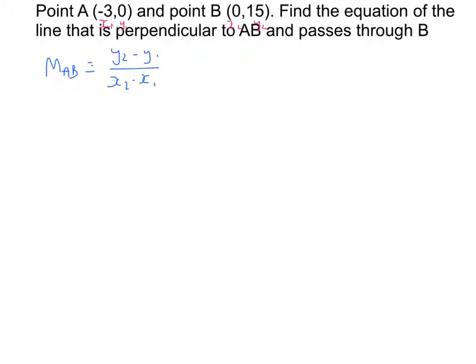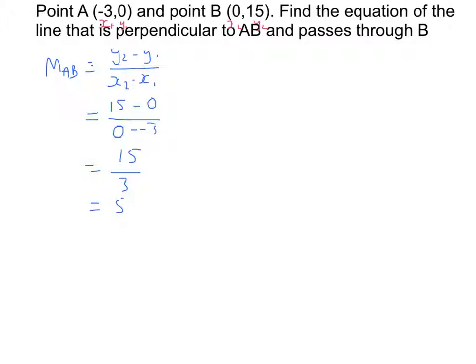So we substitute those in. y2 is 15, take away y1 is 0, over x2 is 0, take away x1 is negative 3. That should be a 3, yep. So that equals 15 over 3, which is equal to 5.